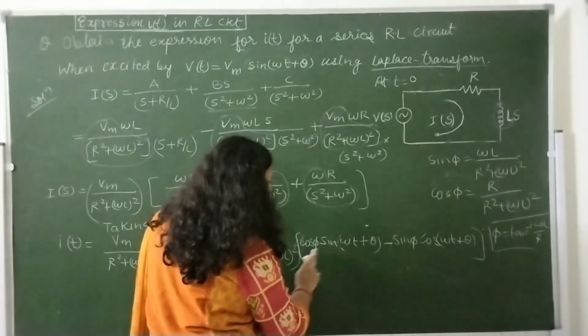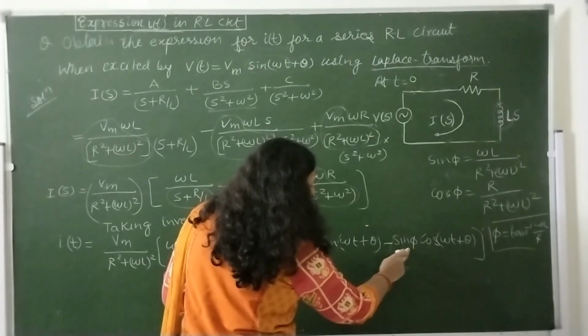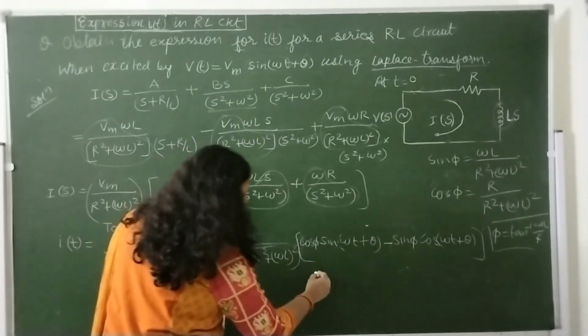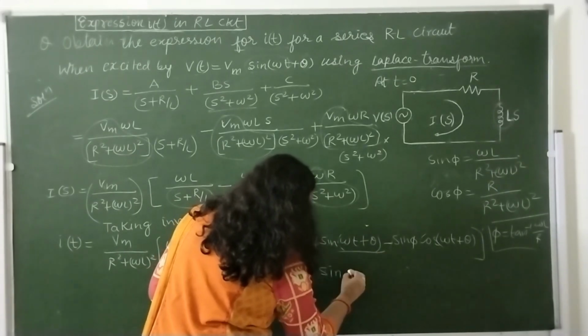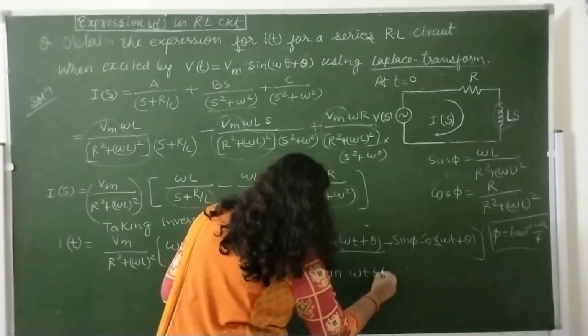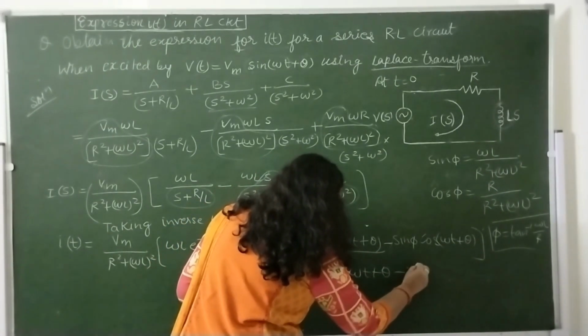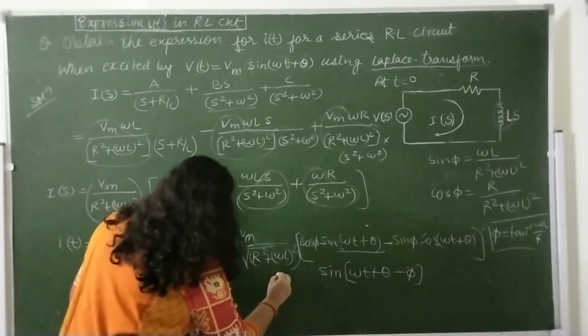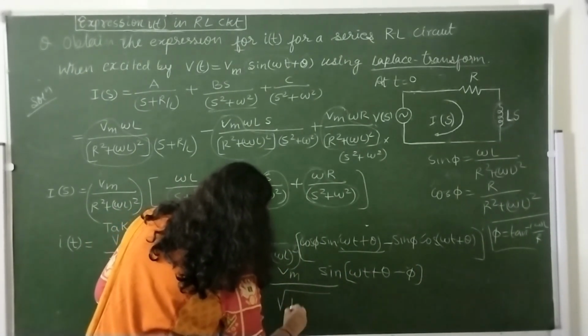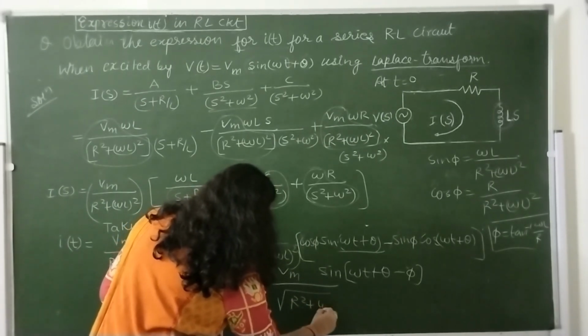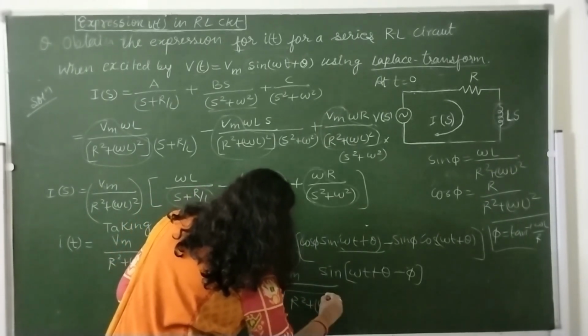So here the formula sin A cos B minus cos A sin B applies. So here the value is sin of omega t plus theta minus phi, into Vm divided by the square root of R square plus omega L whole square.